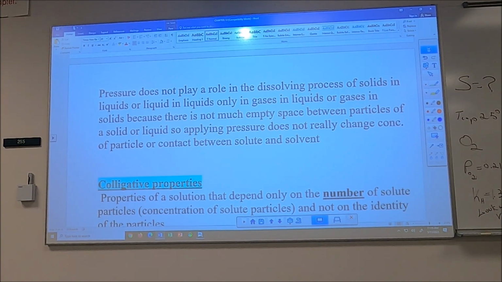Really, it's only important when we look at gases in liquids or gases dissolving in solids, because the density of liquids and solids is quite high compared to that of gases. In other words, they're not very compressible. Okay, so squeezing them doesn't really help.